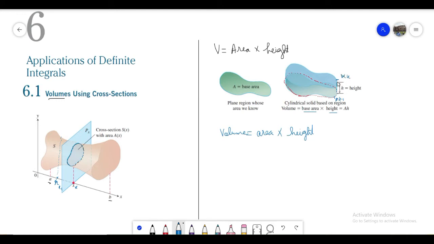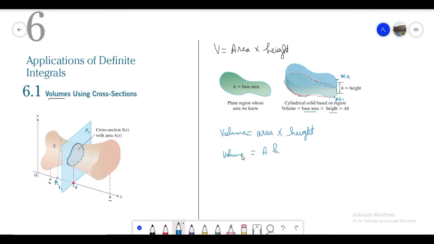The distance between them becomes the height, and the area is simply called the base area. In that manner, we can easily compute the volume, which is represented by the area A times its height. The volume of a cylindrical solid is always defined to be its base area times its height.